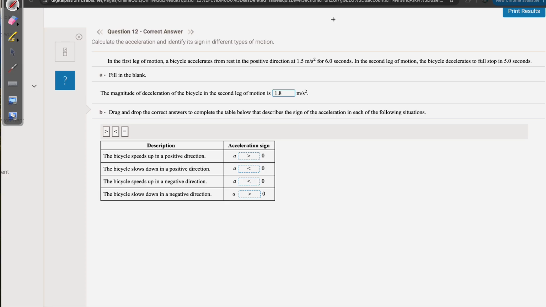First, we're going to need the velocity of this one. So acceleration is velocity over time, so we need the velocity.